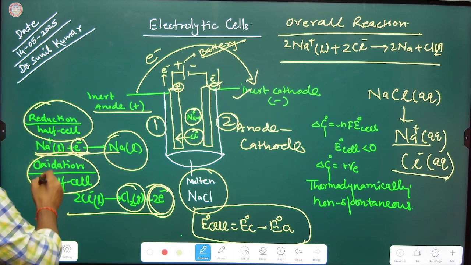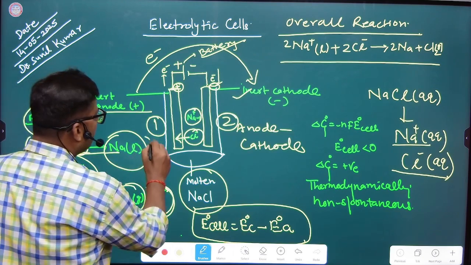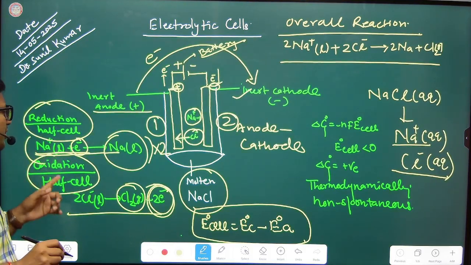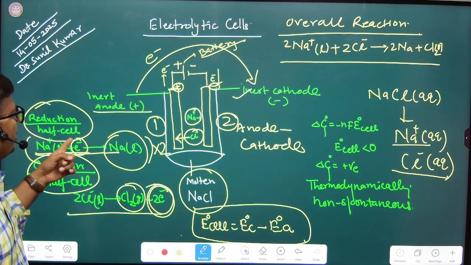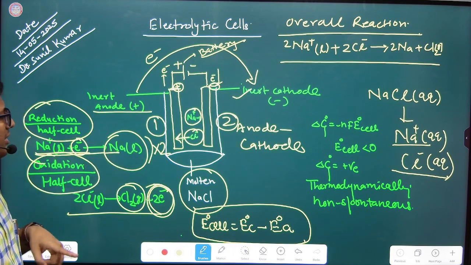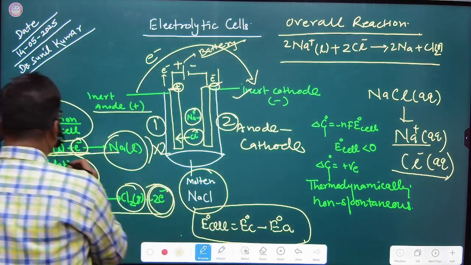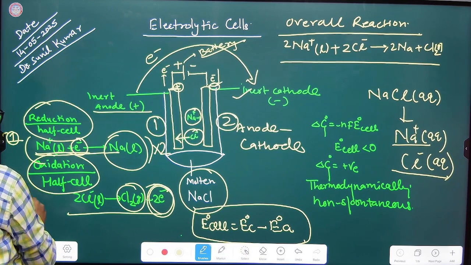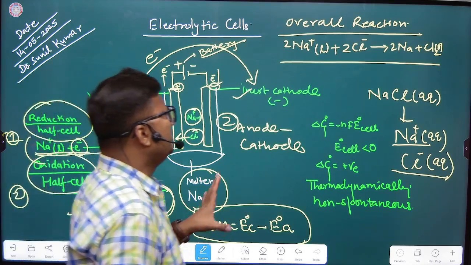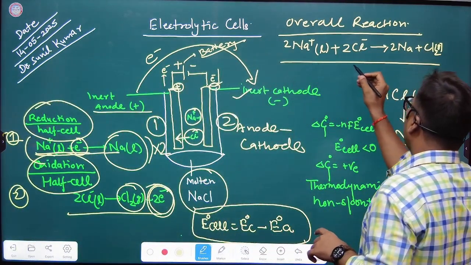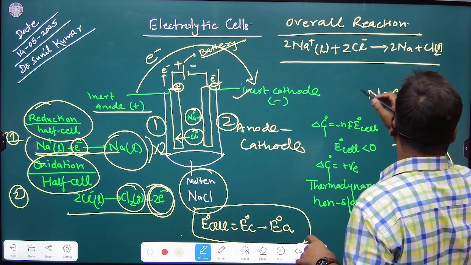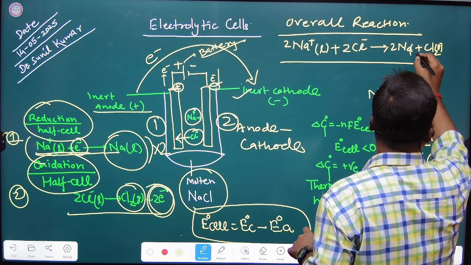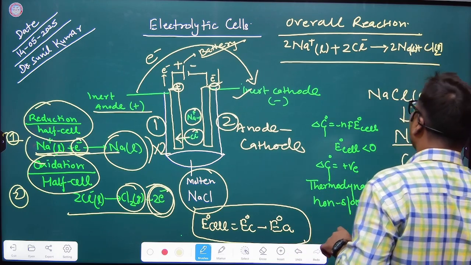So we multiply the reduction half cell reaction by 2: 2 Na+ plus 2 electrons gives 2 Na liquid. So from the first and second we get 2 Na+ plus 2 Cl- gives 2 Na liquid plus Cl2 gas.